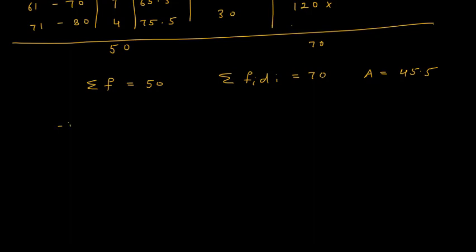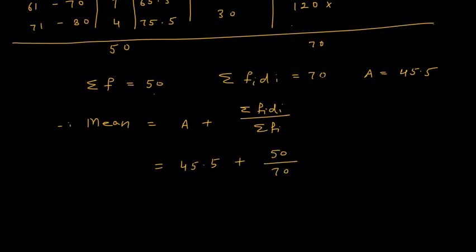Therefore, here your mean is A plus summation FiDi upon summation of Fi. So 45.5 plus 70 divided by 50. So this 0 we cancel, and here we get 45.5 plus 7 upon 5.